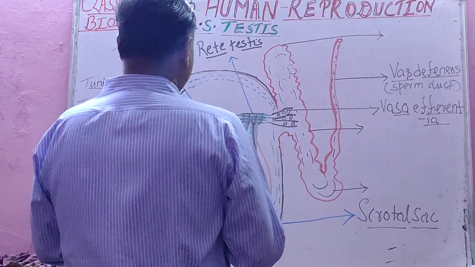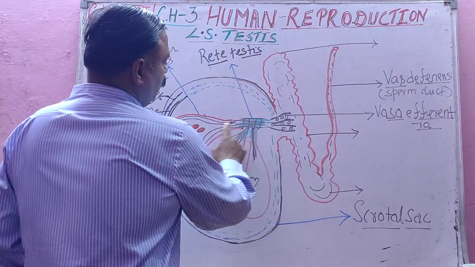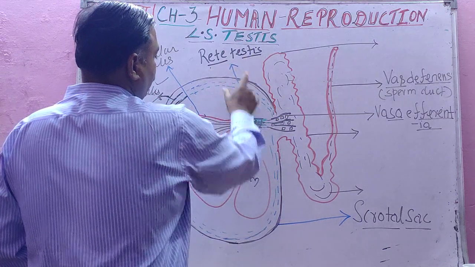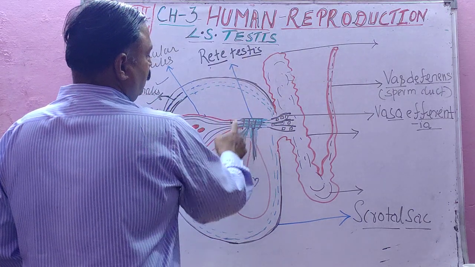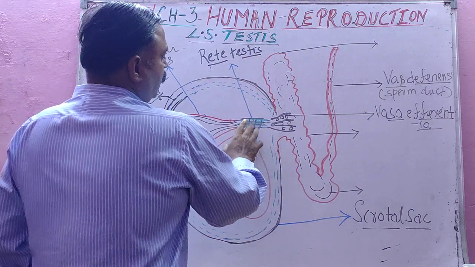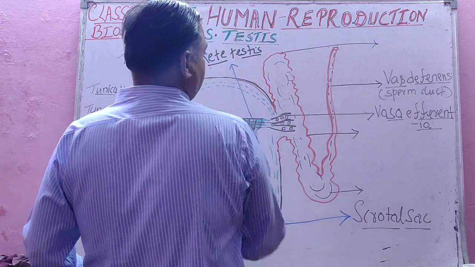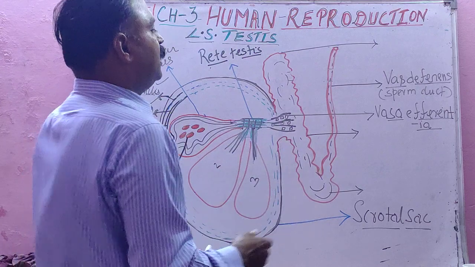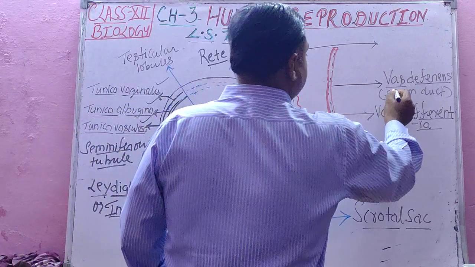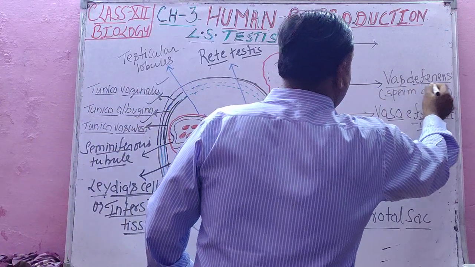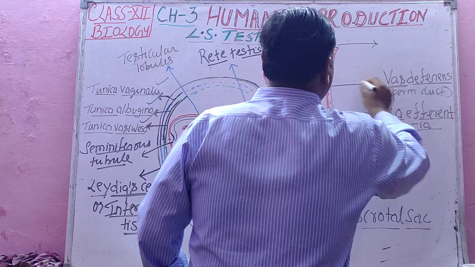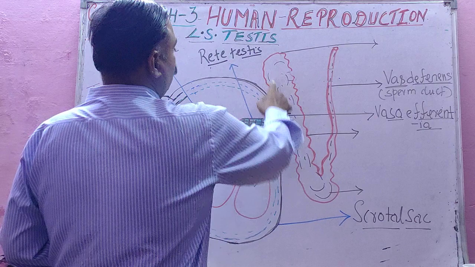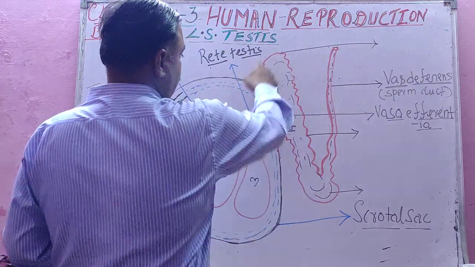Once again, seminiferous tubule, when it comes out from the testicular lobules, it forms rete testis, network of these tubes, and when it comes out of this testis, it is called vasa efferentia. Any structure coming out is called efferent, and then this opens in vas deferens or vasa deferentia. Singular is vas deferens, that is sperm duct. Before that, it opens in epididymis.